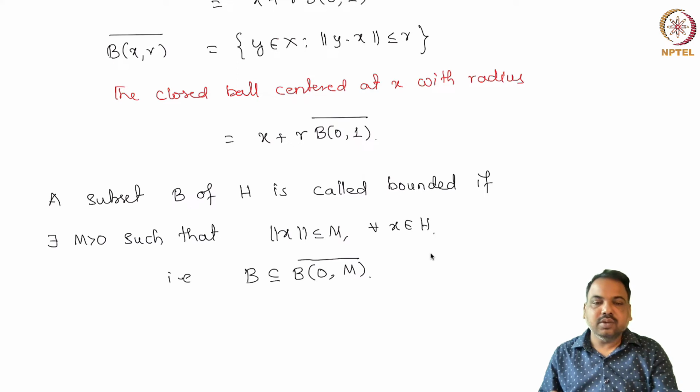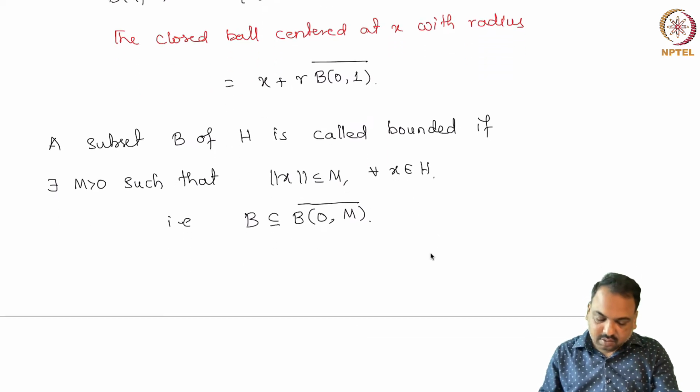So if you are able to cover the given set with a closed ball centered at 0 with radius m, then we say that the original set is bounded.